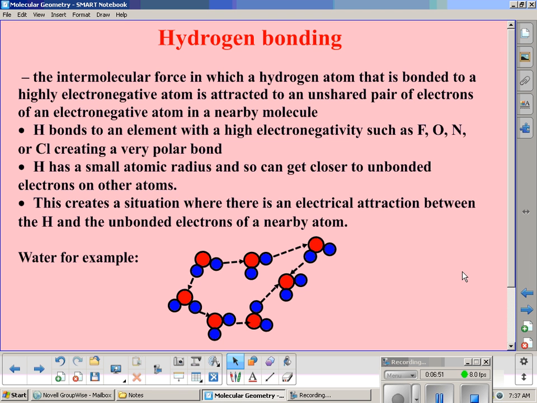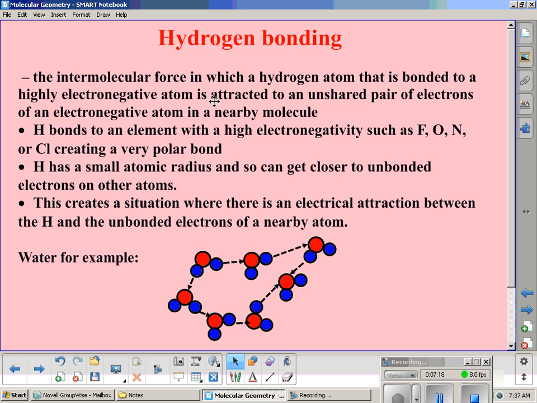So let's talk about hydrogen bonding, which, to be honest, is actually a special application of the dipole forces. Okay, the intermolecular force in which a hydrogen atom that is bonded to a highly electronegative atom, such as fluorine, oxygen, nitrogen, chlorine, creates a really polar bond, as I was just explaining on the last slide.